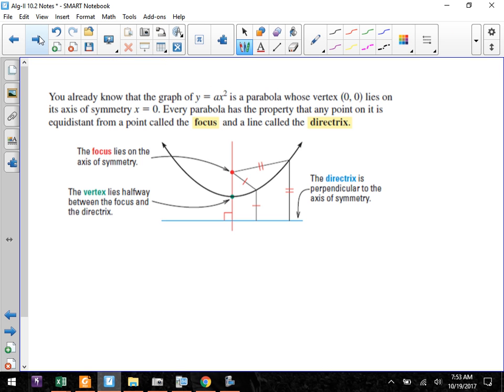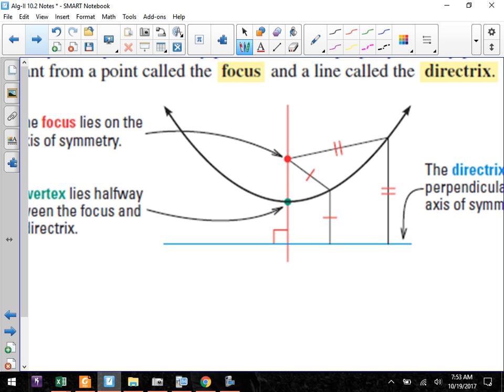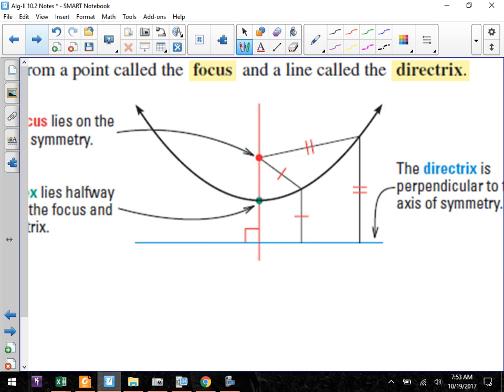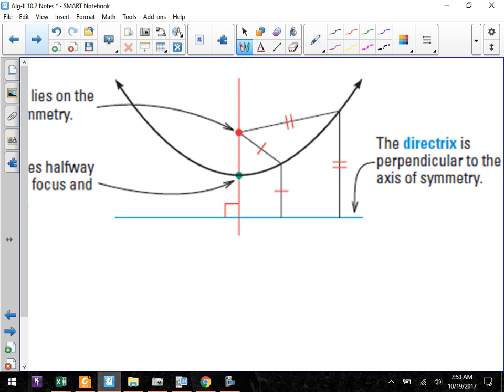Okay, so let's talk about parabolas. Now, what I don't want you to do is write all this out, but for right now, we know that we have an equation y equals ax squared, and we've been working with that for so long. Within a parabola, there are actual parts that you did not know existed.